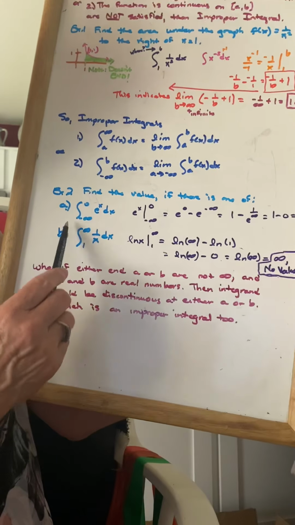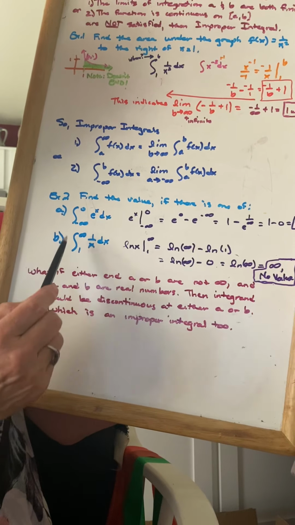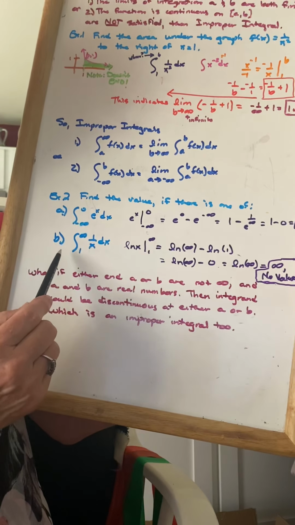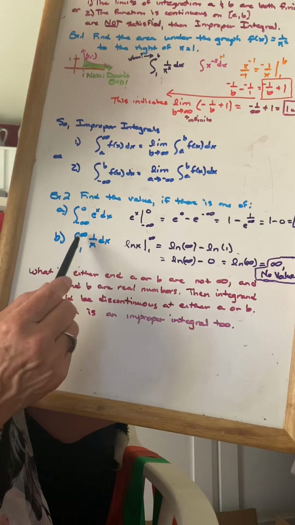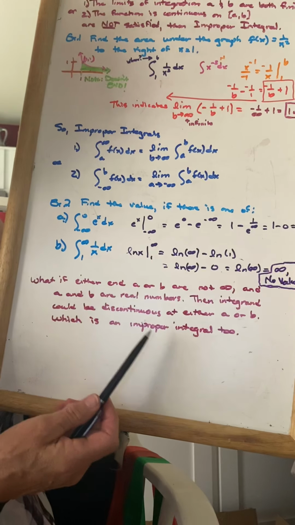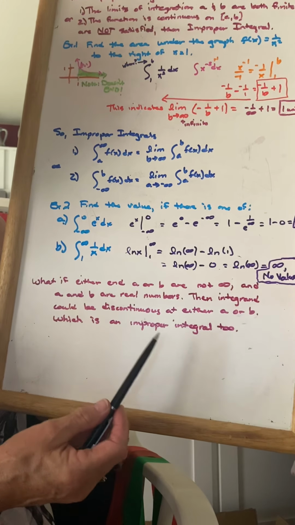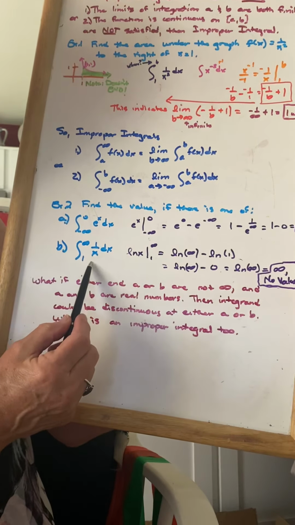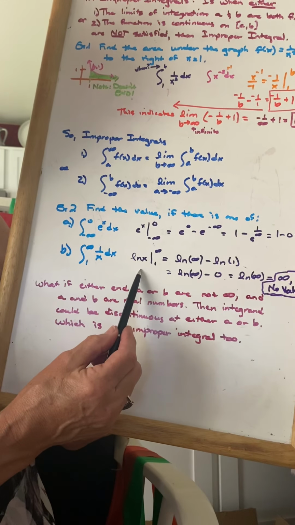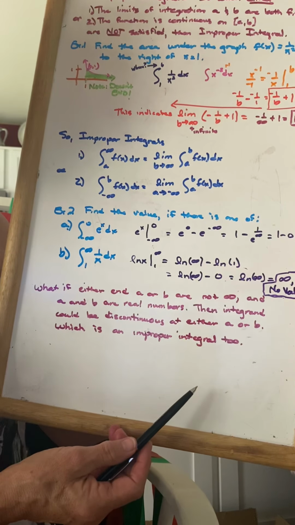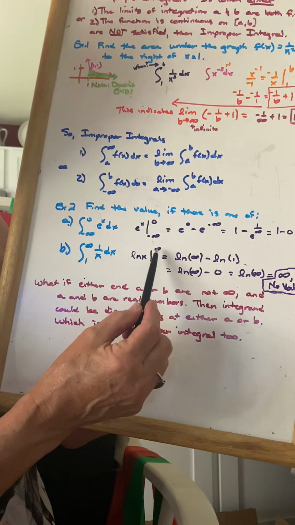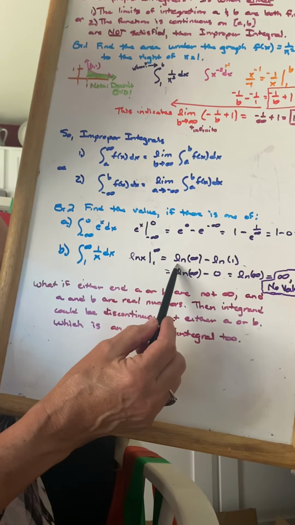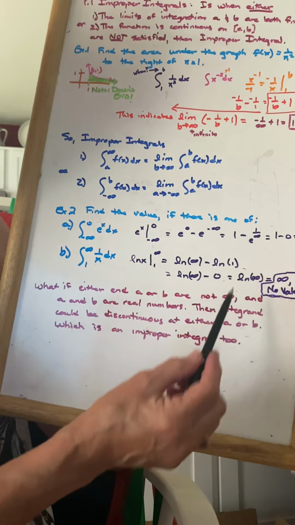Now that's if infinity was on the lower number, my bad. If it's on the upper number, the integral from 1 to infinity of 1 over x dx. Another one of your favorites, the natural log. The integral of 1 over x is the natural log of x from 1 to infinity. So I put my numbers in, natural log of infinity minus natural log of 1.